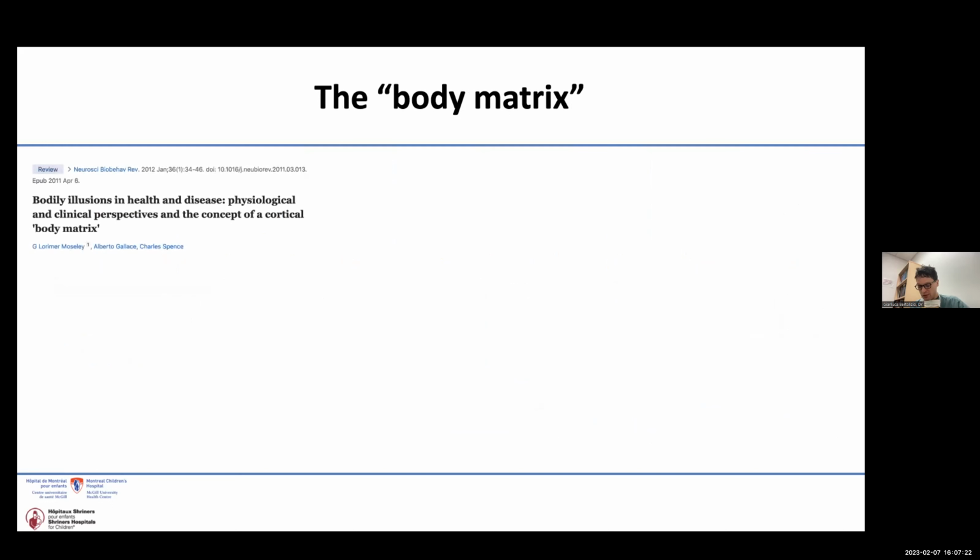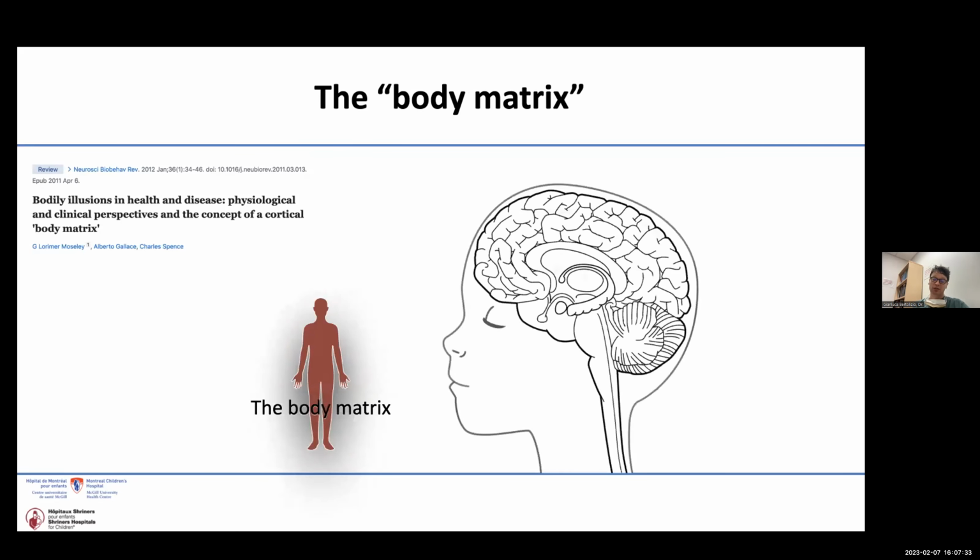Before talking about where we can use virtual reality, I want to introduce the concept of the body matrix. Our body has a spatial representation of our body in the environment.